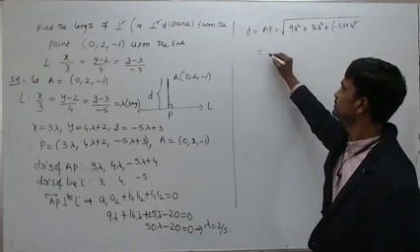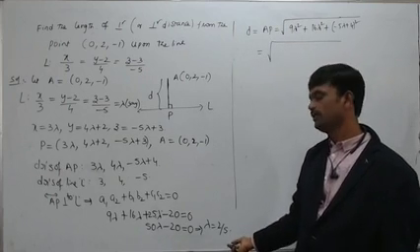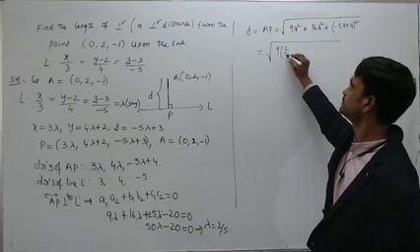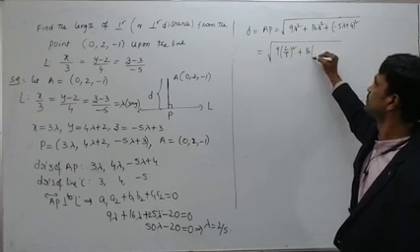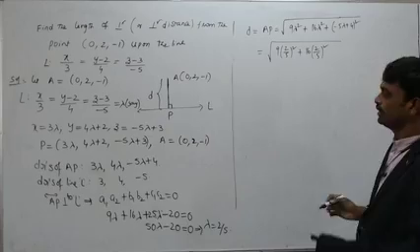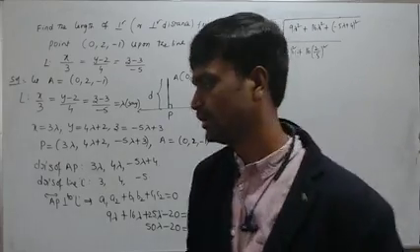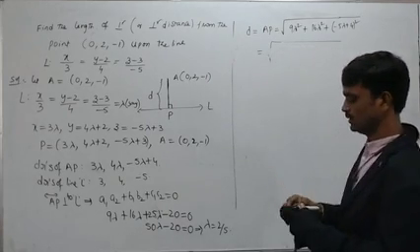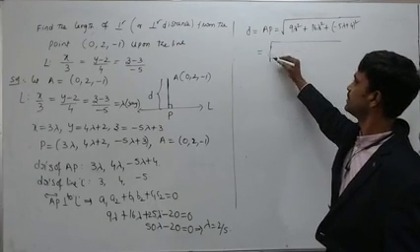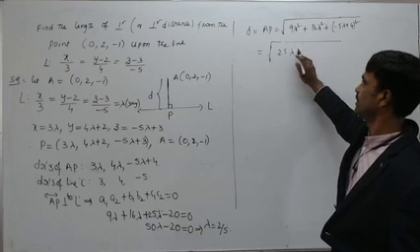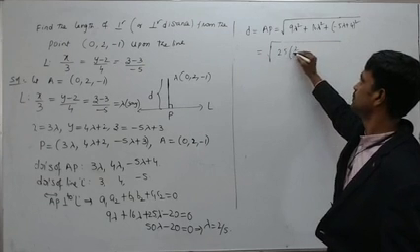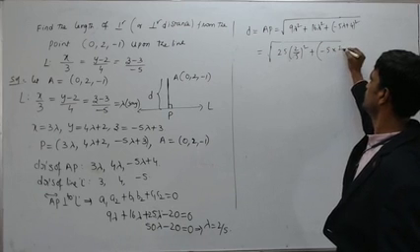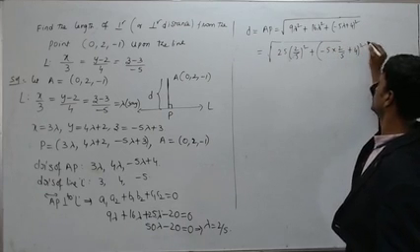So it is equal to square root of, but what is the lambda value? 2 by 5. Substitute here: 9 into 2 by 5 whole square plus 16 into 2 by 5 whole square. Or you do one thing: 9 lambda square plus 16 lambda square is 25 lambda square, with lambda equal to 2 by 5, plus minus 5 into 2 by 5 plus 4 whole square.